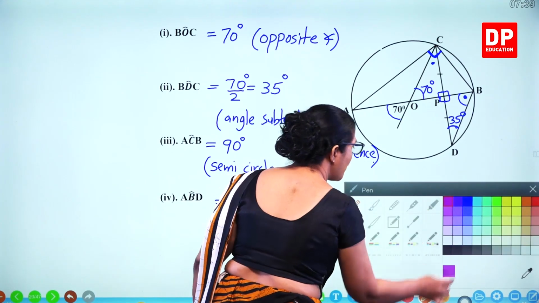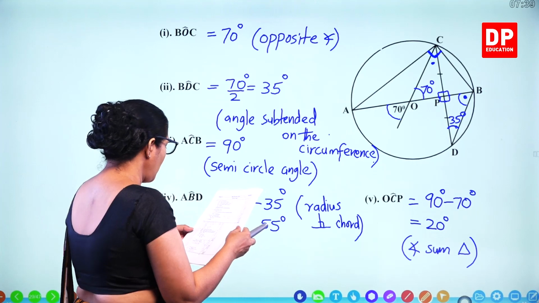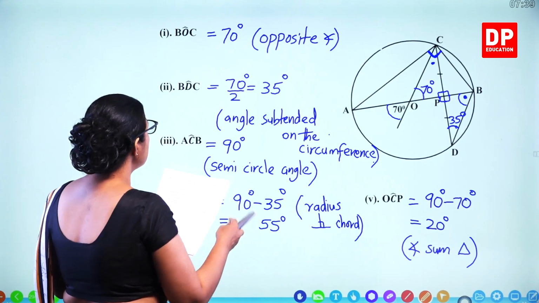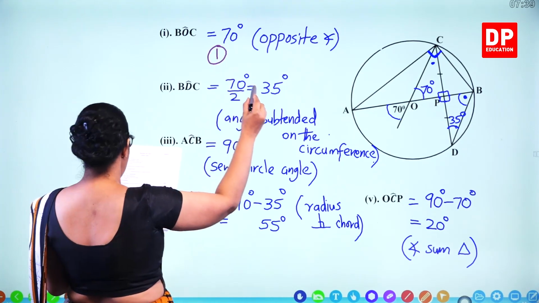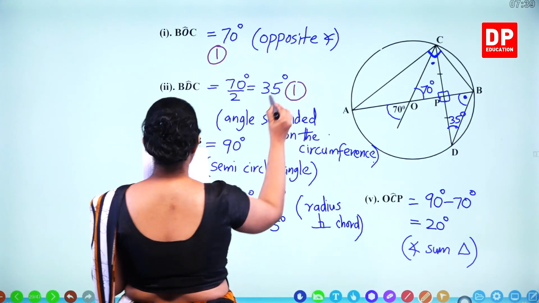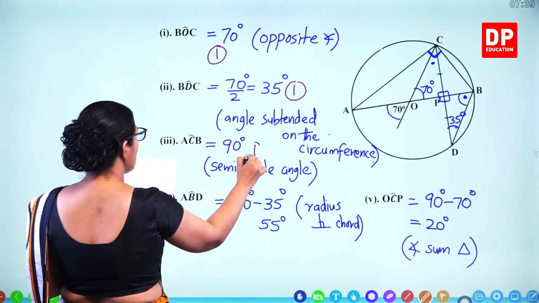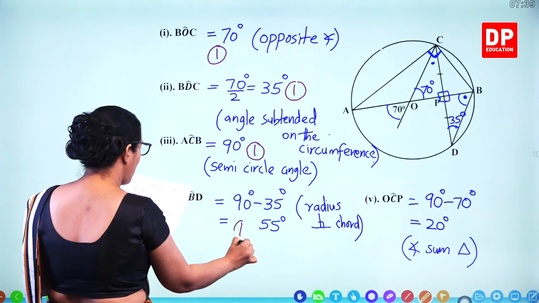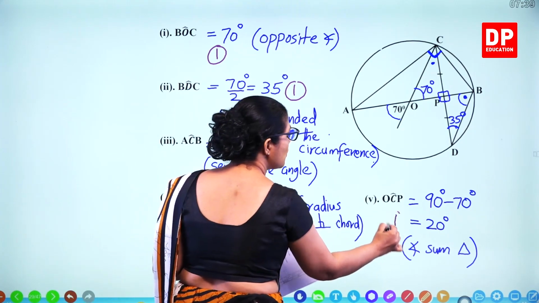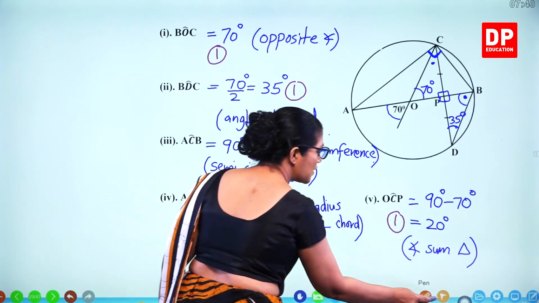So how many marks for that? 70, 1 mark. 35, 1 mark. 90 degrees, 1 mark. 55, 1. And 20 degrees, 1 mark. So 5 marks for this part.